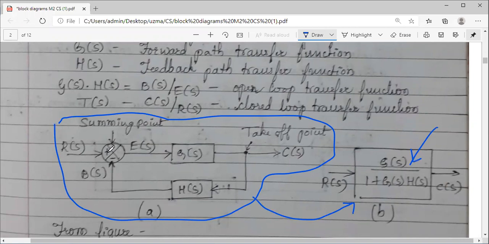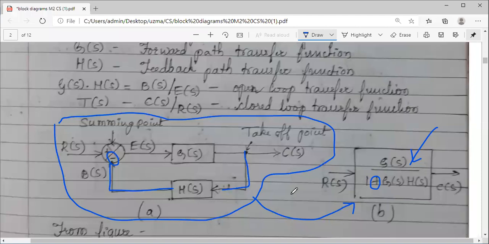Remember, here you have minus, in the sense it is a negative feedback system. So if you are having this negative feedback, you have this plus here. If you remember, when I was dealing with the effects of feedback on some of the basic parameters like sensitivity, gain, disturbance, noise, under that topic I had even shown you one slide, the positive feedback and the negative feedback, the differences between them.